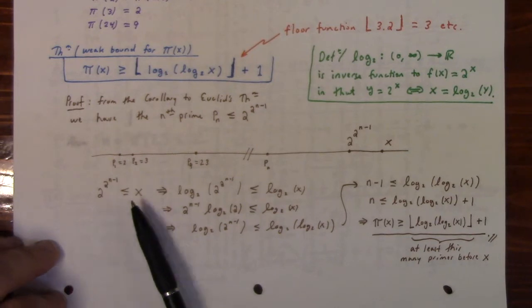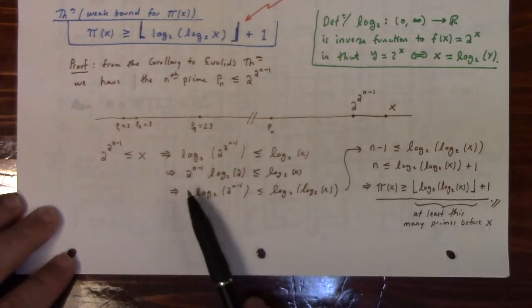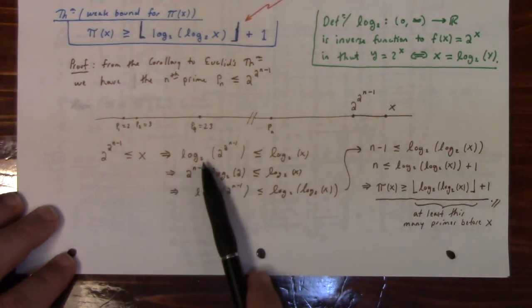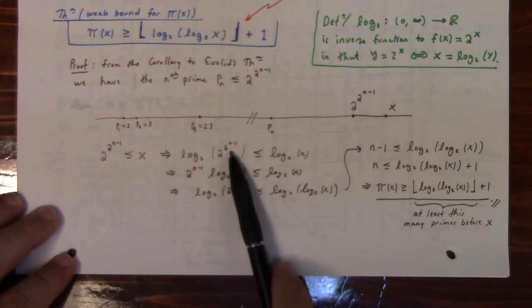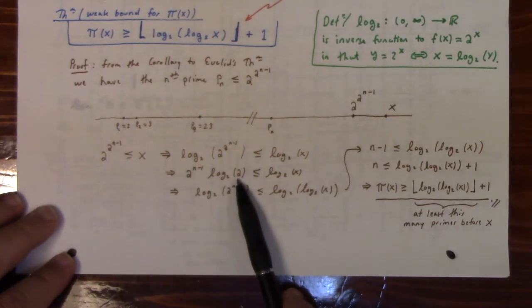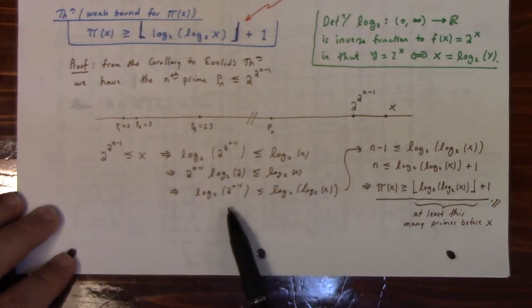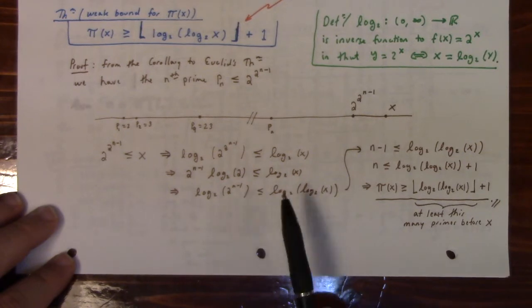But the thing is that the log is an increasing function, so it preserves inequalities. So I can take the log base 2 of the inequality, it'd still be true. Properties of log brings out the 2 to the n minus 1. Log base 2 of 2 is 1. So then the next step, I take log base 2 of this, and I get log base 2 of 2 to the n minus 1, and that's less than or equal to log base 2 of x.